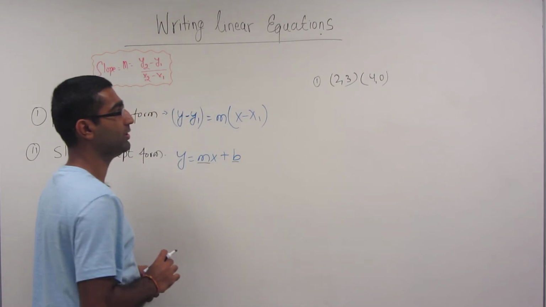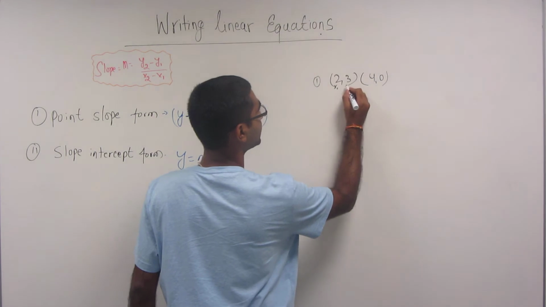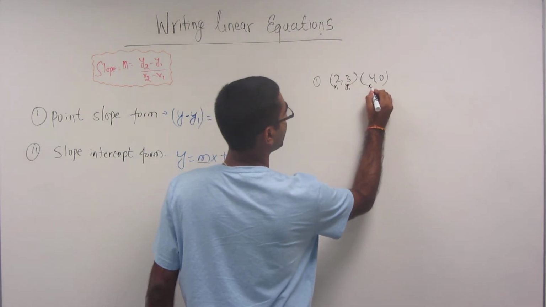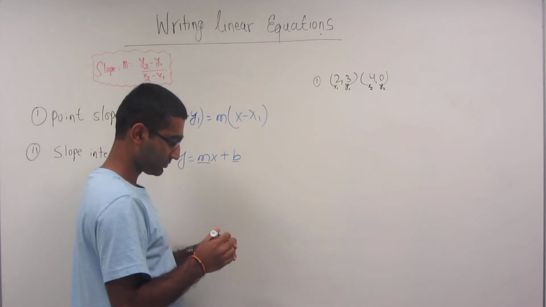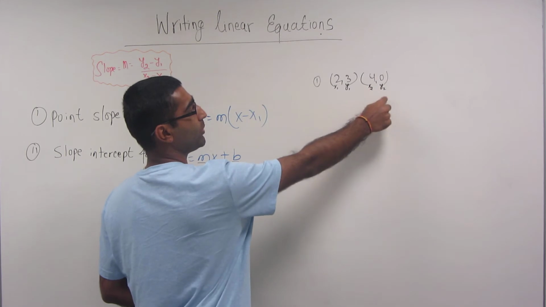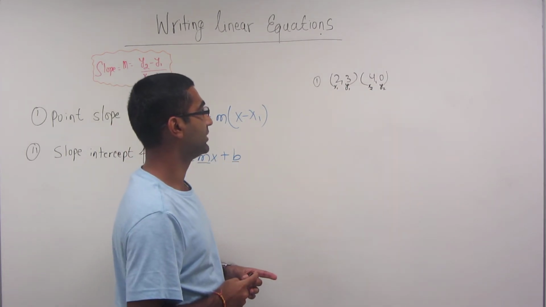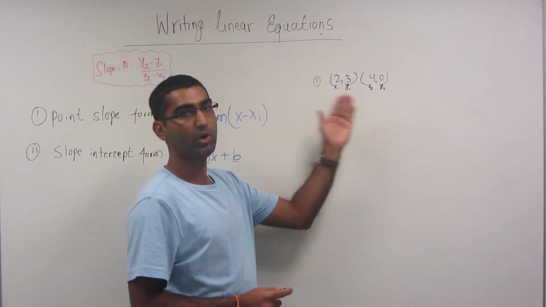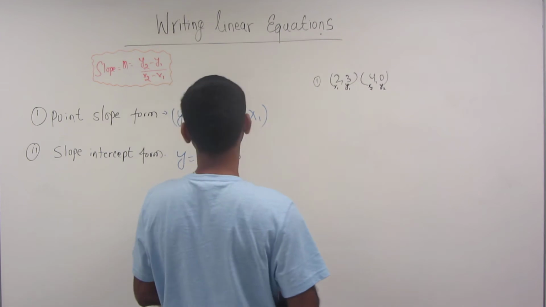What we're going to do now is label these points as x1, y1, x2, y2. Now again, it doesn't matter which point you make your x1, y1. You could make this one your x1, y1, and this as your x2, y2. It doesn't really matter which one you do, as long as you make one of them x1 and the other x2.